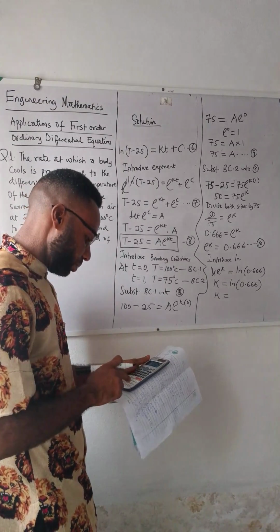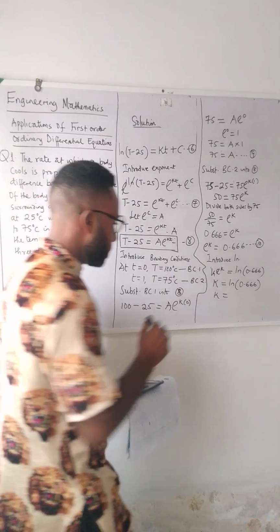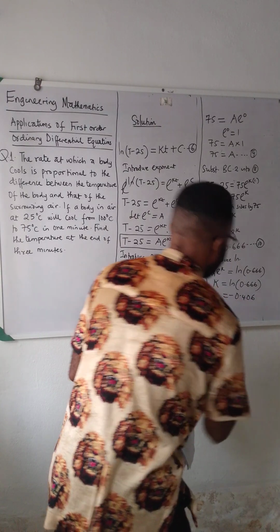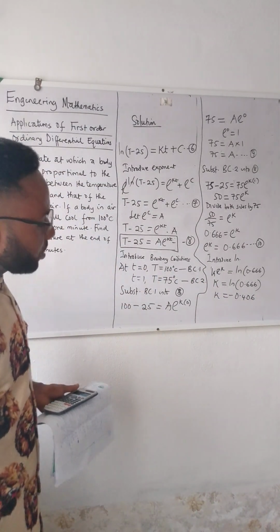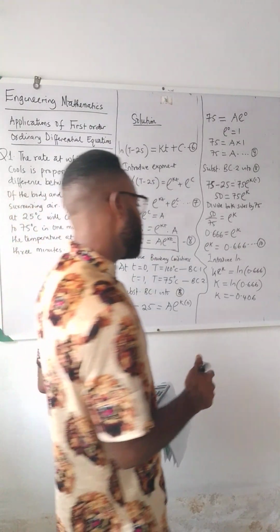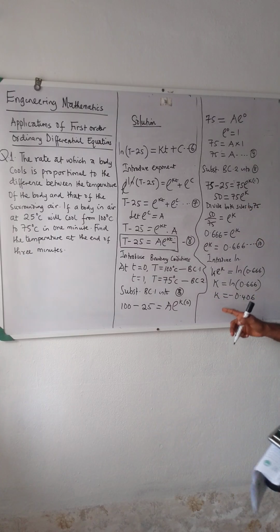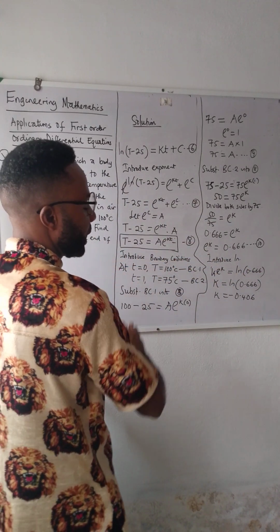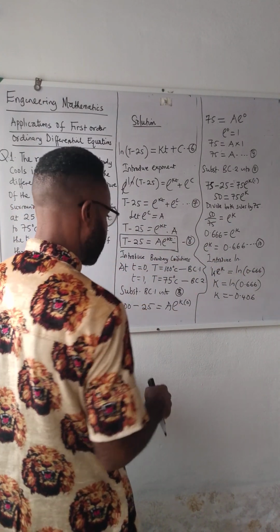So K now will be equal to, let's find the value of ln 0.666. This will give us minus 0.406. So the value of our constant now is minus 0.406. What does this imply? This is the constant of proportionality between the temperature of the body and that of the surrounding air.